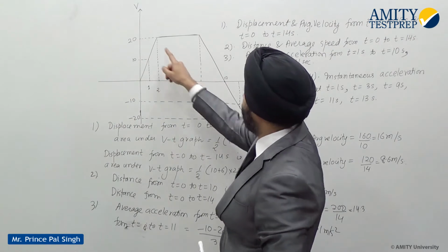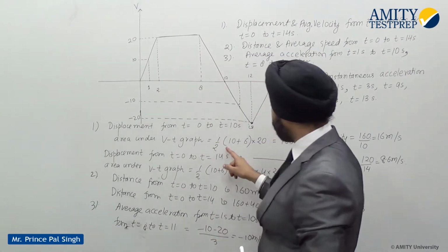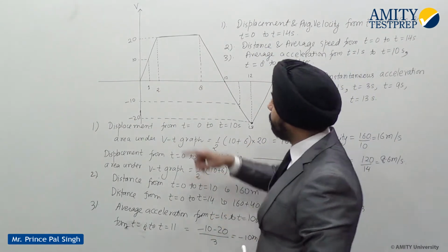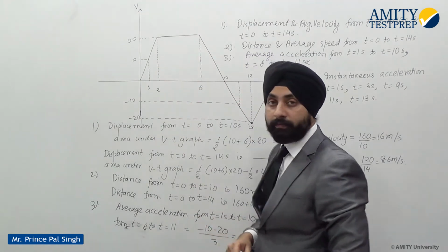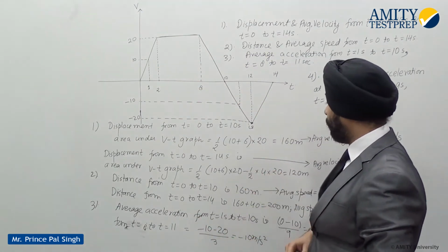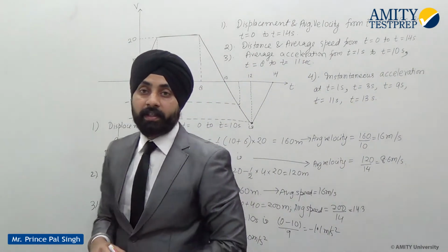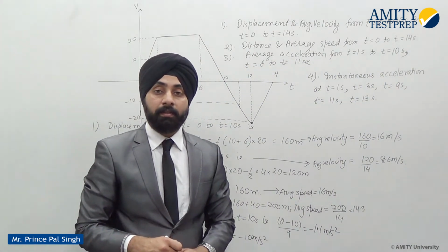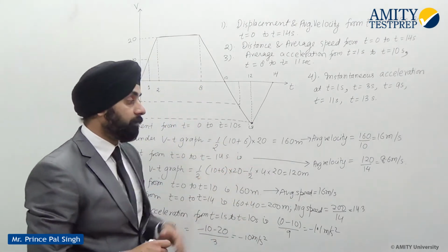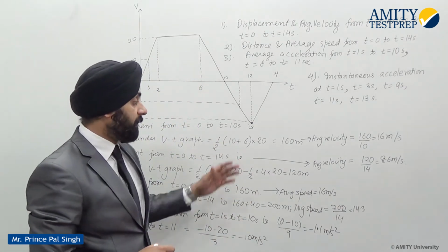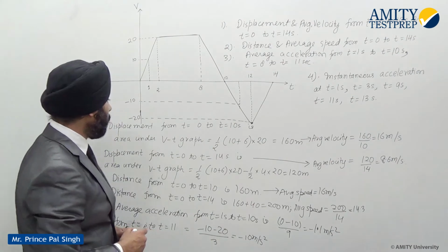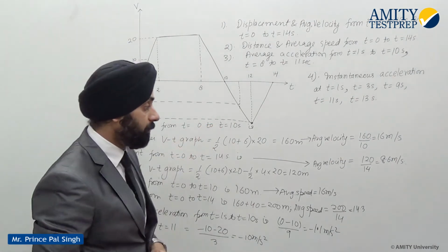This is 10 and this is 6. Half the sum of parallel sides into the distance between these two parallel sides, which is 20, multiplied by 20. This gives us 160 meter. It means that the particle has travelled 160 meter in the front because it is positive. This is the displacement of the particle from t equal to 0 to t equal to 10 seconds.